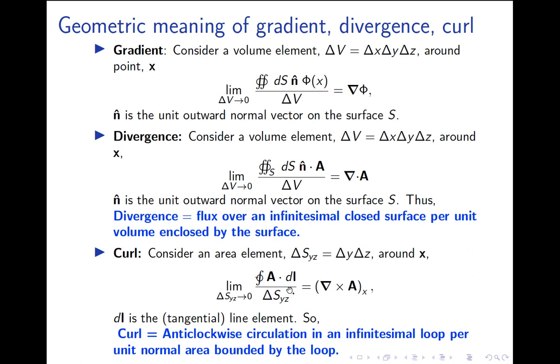So this has a normal, and this gives you the component of the curl which is normal to the YZ plane, which is the x direction in this case. So curl in one line: curl is the anti-clockwise circulation in an infinitesimal loop per unit normal area bounded by the loop.